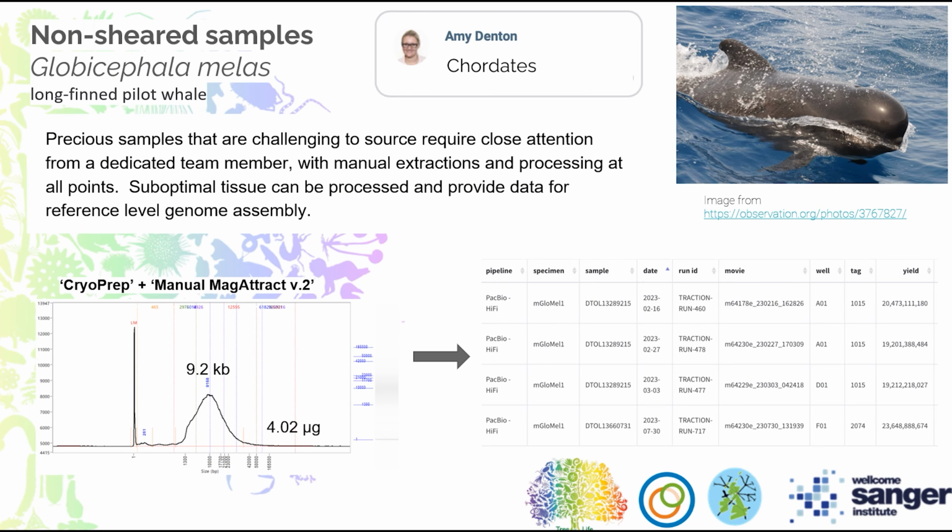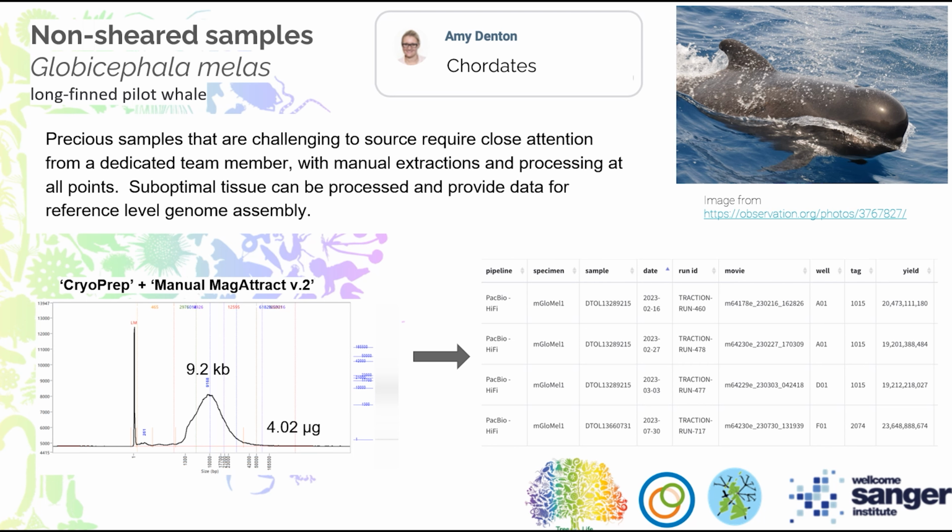Quite often, we're having to really balance what's possible and what's achievable with the very precious samples that we are working with. So this is some work that Amy has done on some chordates. These are really precious samples that were actually collected from animals that had sadly been stranded. We have a very small amount of material, they can't be recollected, and we really want to be able to achieve that reference level genome assembly.